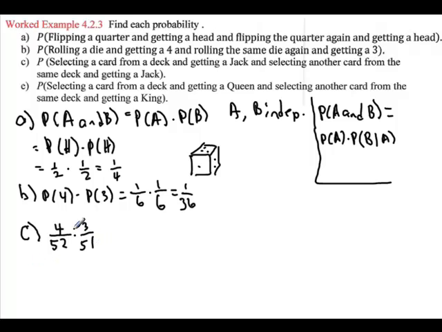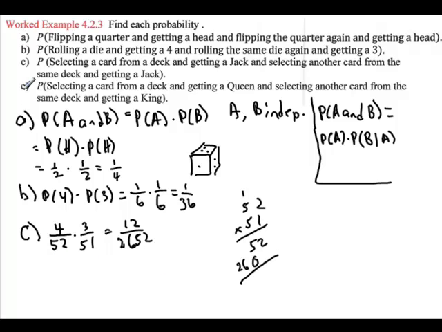And so our answer is 12 out of 52 times 51. And this is why you should always have your calculator handy. 52 times 51, 5 times 2 is 10, here's the 1, 2652. And it looks like we get 12 out of 2652.